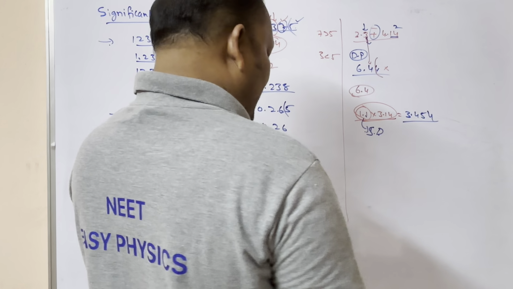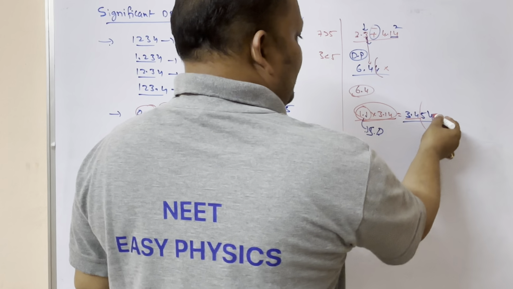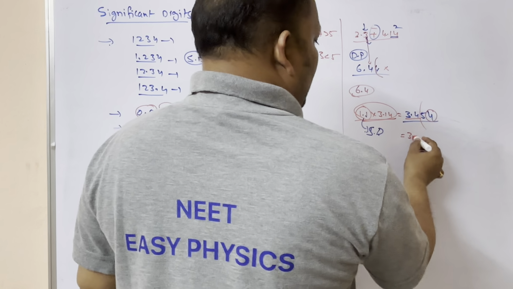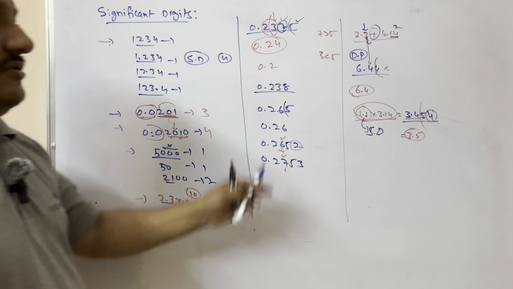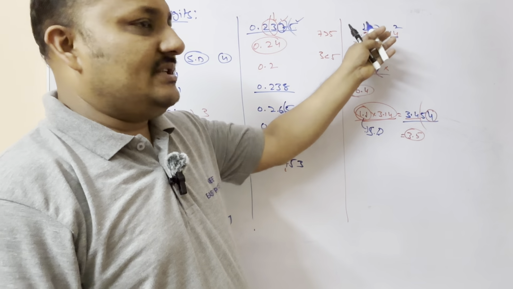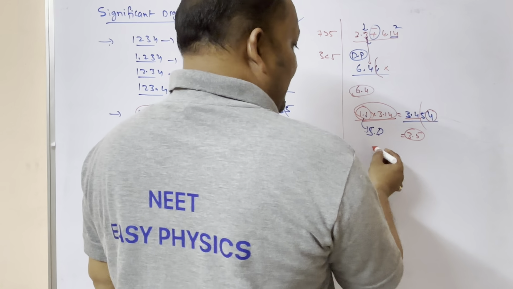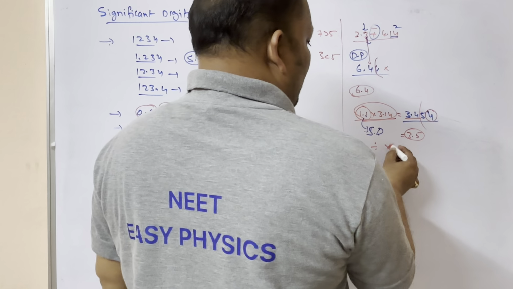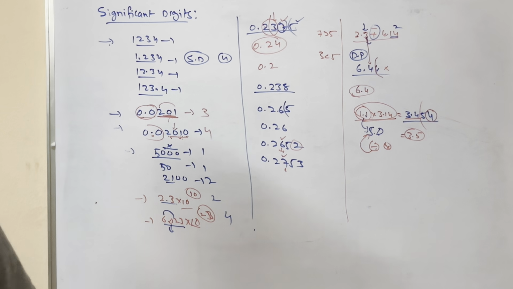Therefore, the final answer should have 2 significant digits. 5 is followed by some numbers, therefore 3.5. We are going to take it like this. So, for addition and subtraction, we follow the least decimal places. For multiplication and division, we have to follow the least significant digits among the given numbers.